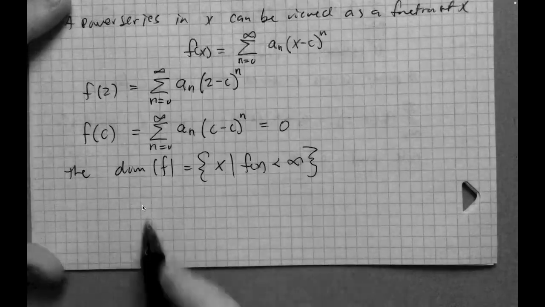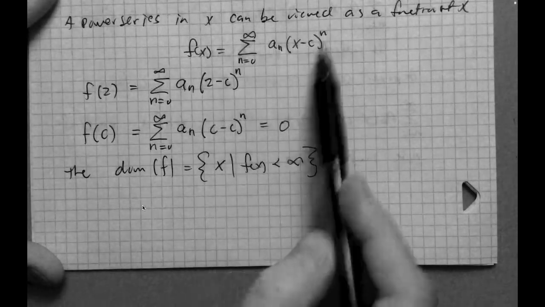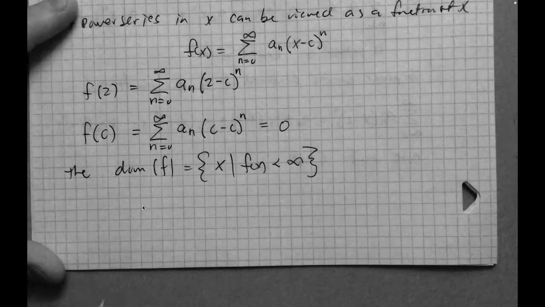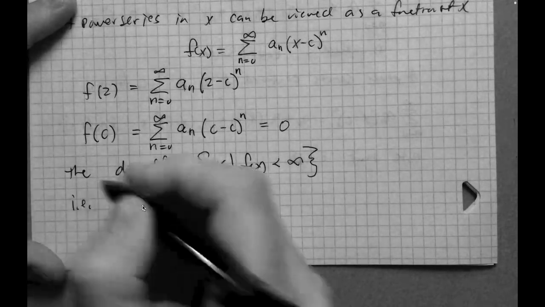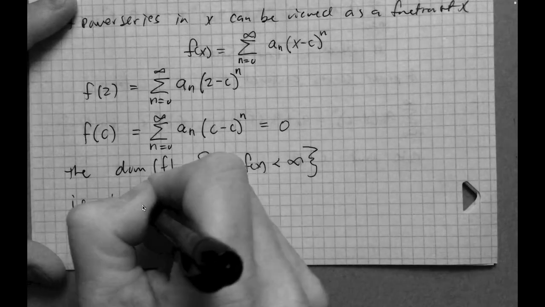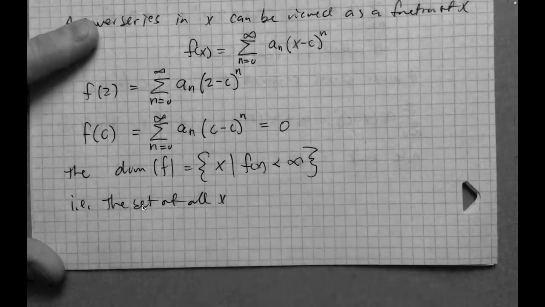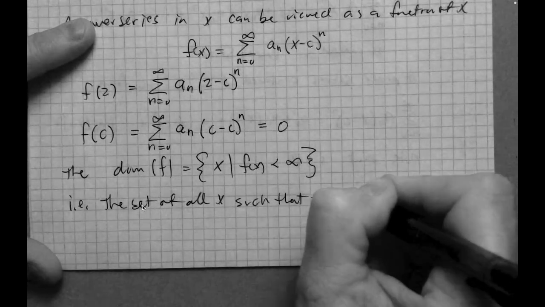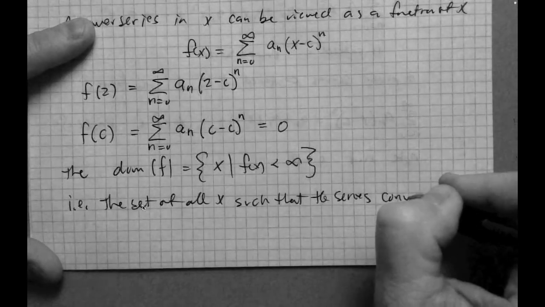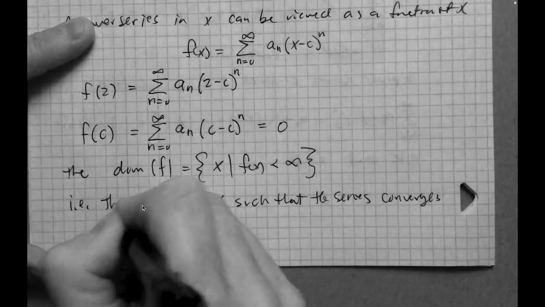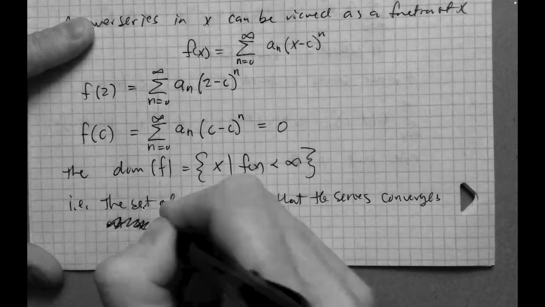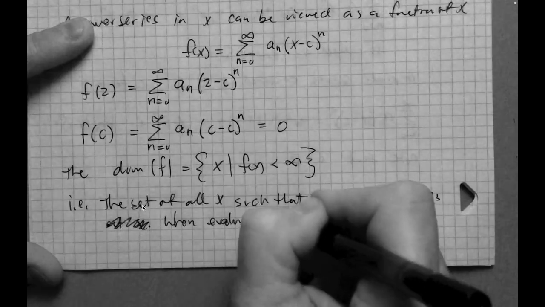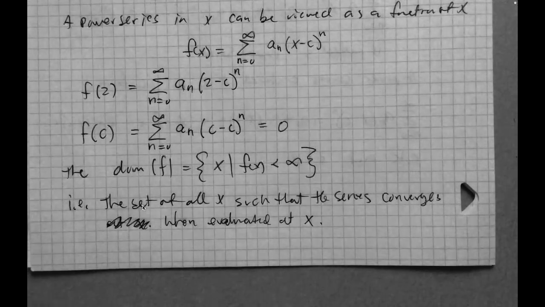It's the set of all x such that the series converges when you plug in that particular x. That is, the set of all x such that the series converges when evaluated at x.